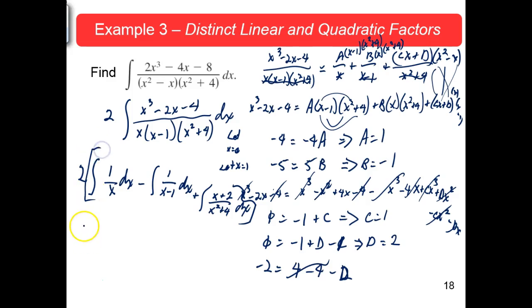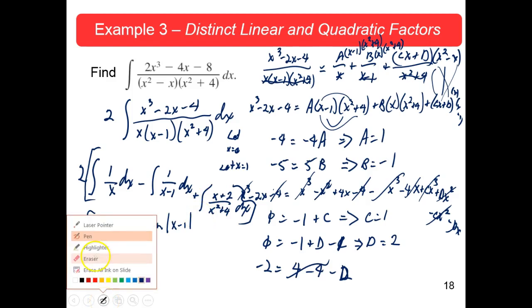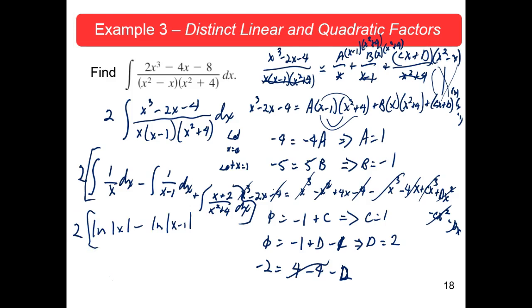Now, this will be 2 times ln x. I'll put that in absolute value bars. Minus ln absolute value x minus 1. Okay. Now, this last one. Let's do a timeout here. And I'm going to have to erase some stuff because it's just too messy. Okay.